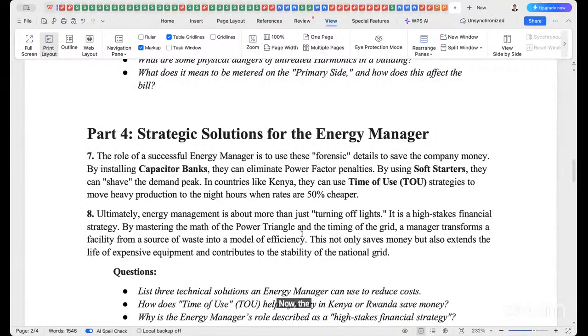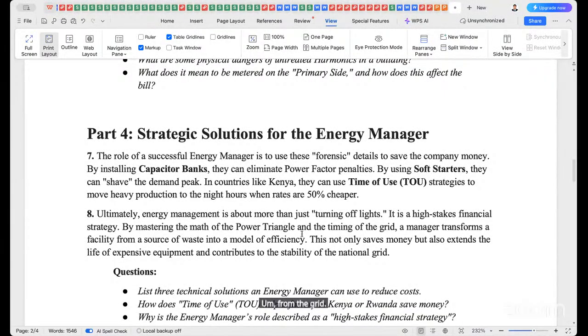Now, the question I have is: given a case study of a facility, the facility has two sources of power generation. They have renewable power, and they also have power from the grid.